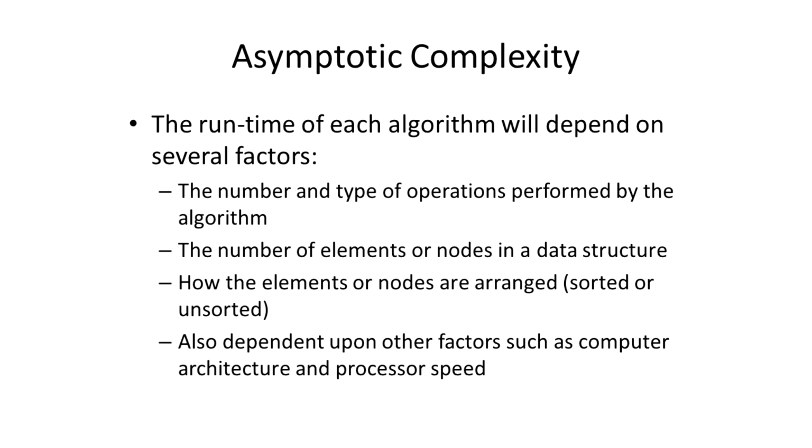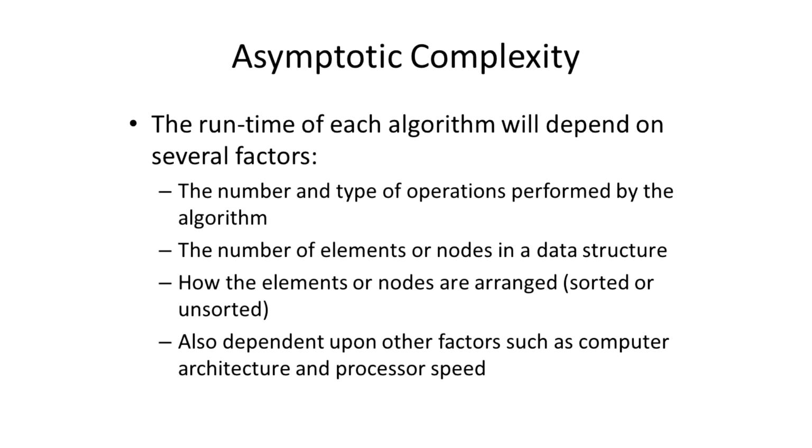The time taken to run an algorithm depends on how many operations there are within that algorithm, basically how many lines of code there are, and how often those lines of code have to be repeated. And the time taken to run an algorithm also depends upon how many items there are within a particular data structure. Obviously, a data structure which has 10 elements will take less time to sort than a data structure which has 1,000,000 elements.